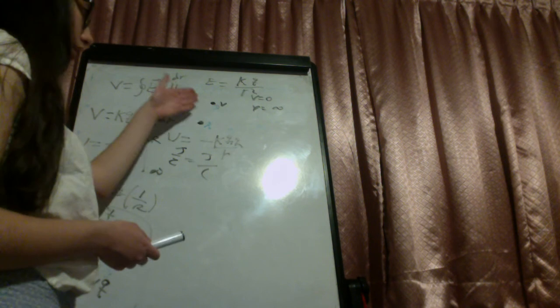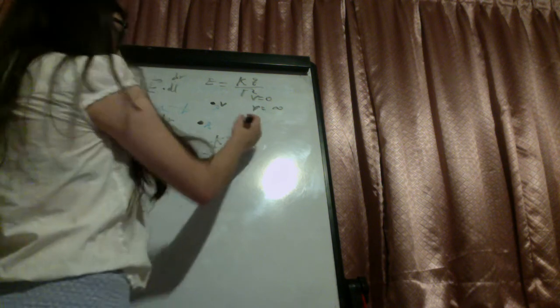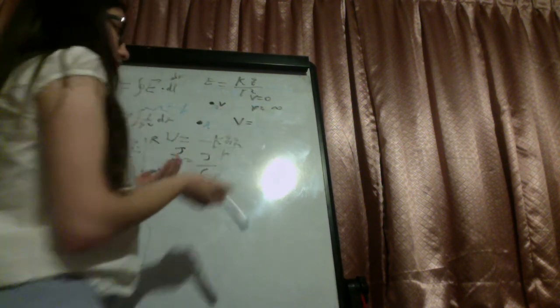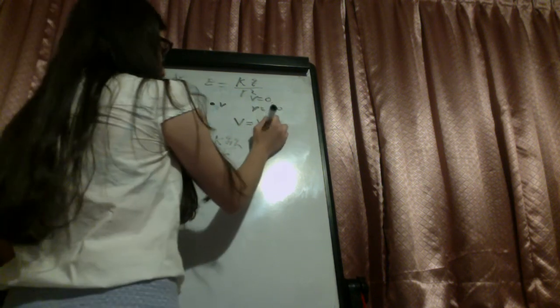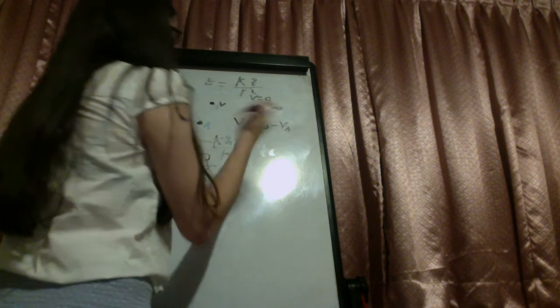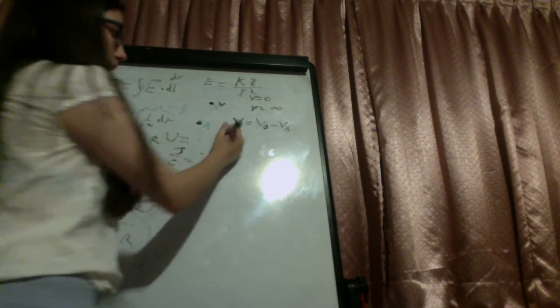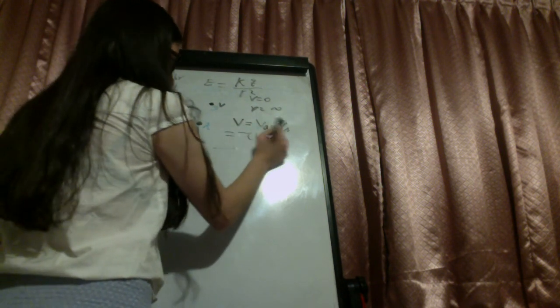So now if I want to know the voltage between A and B, when you take as a reference point, for example, B or A, you can say V_B minus V_A, and you know that this would be the same as the negative of V_A minus V_B.